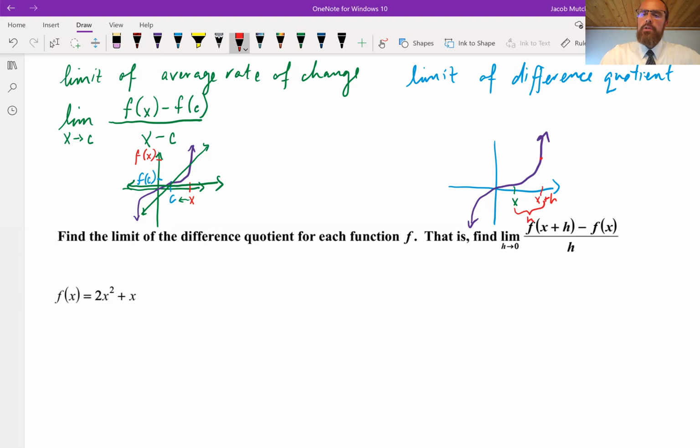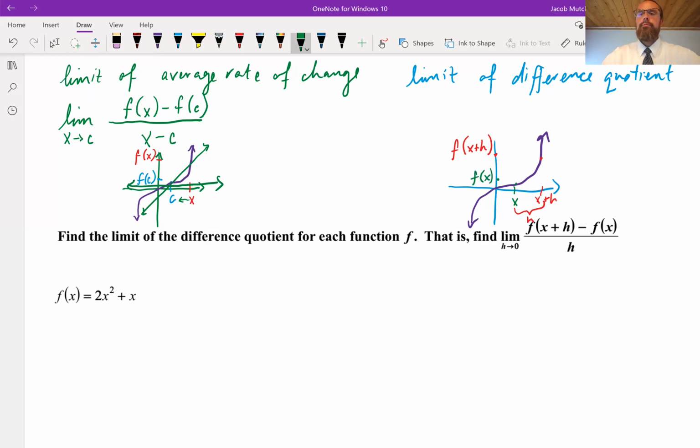Again, if I trace over to the y-axis, that's f of x plus h, because to get the y value, I would just plug in whatever x plus h is into the function. And similarly for x, that's f of x.